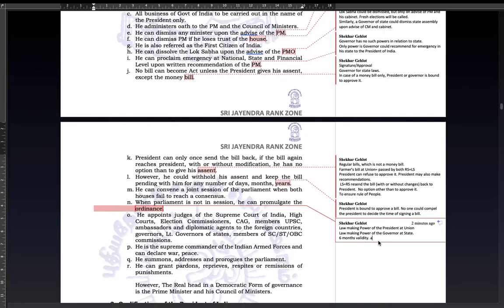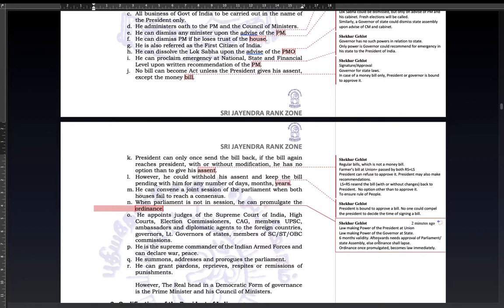6 months validity, afterwards it needs approval of parliament or state assembly, else the ordinance shall lapse. Ordinance once promulgated becomes law immediately.